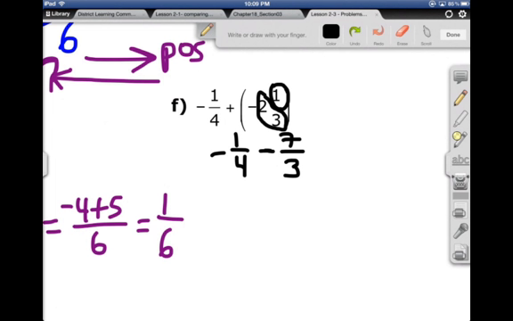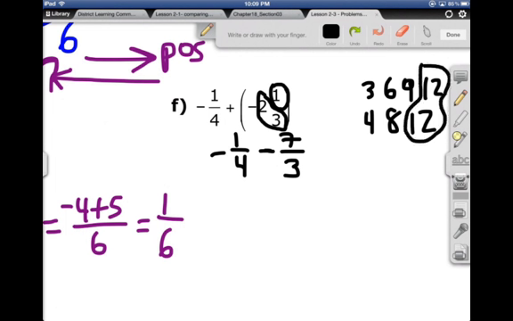Now here's that example I had about pizzas, and I've got quarters, and my friend has thirds. 3 and 4, when you look at their multiples, 3, 6, 9, 12, 4, 8, 12. That's the lowest common multiple they have in common.